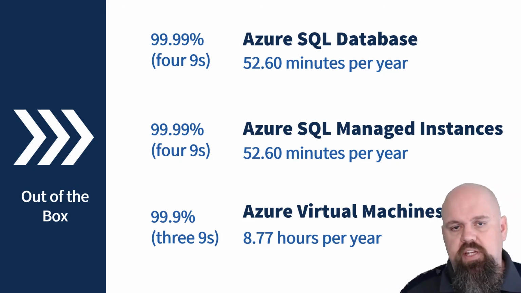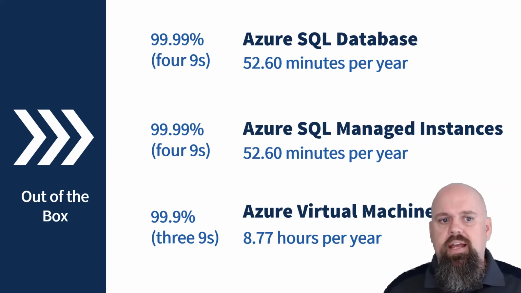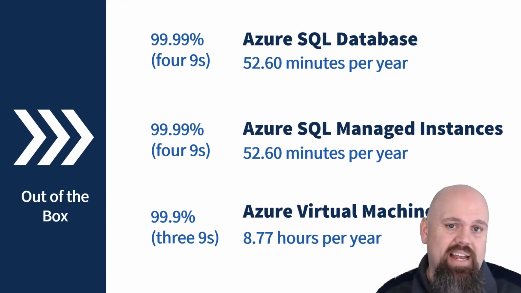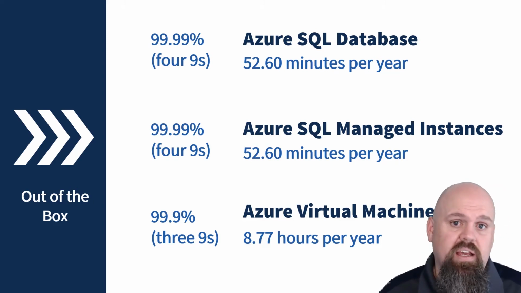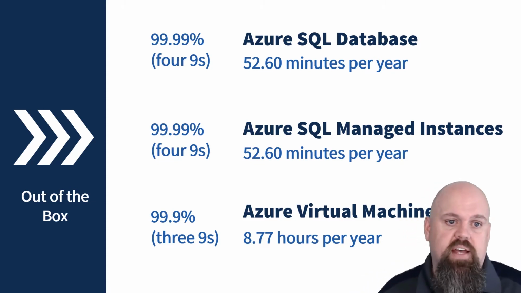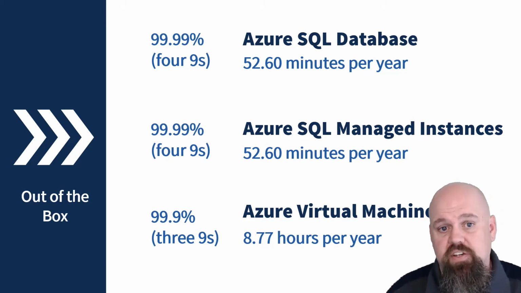Take these numbers into consideration when you start to look at your Azure disaster recovery solution. If you have an application where DR might not be that big of a thing, and maybe you don't need DR because you can reproduce the data, maybe just having the high availability and the level of service that Azure provides for you might be sufficient.